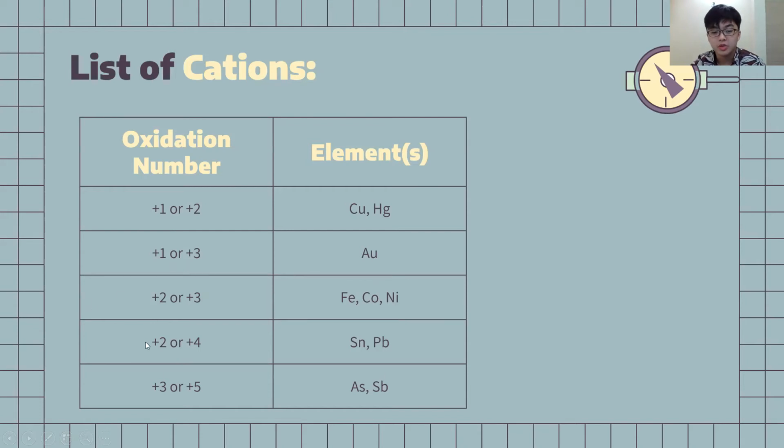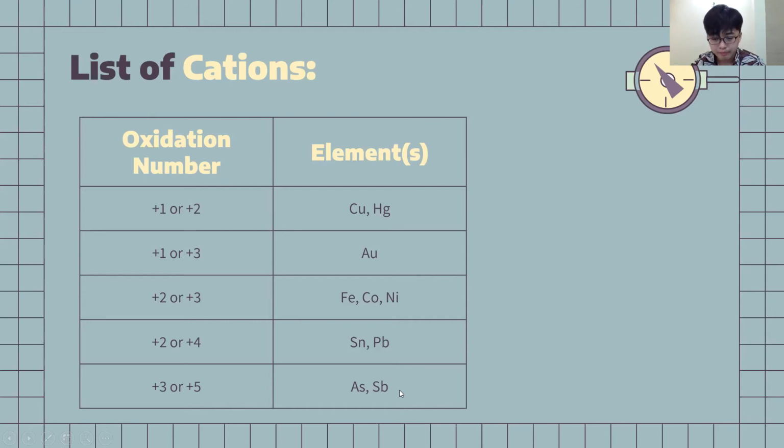Next we have plus 2 or plus 4. The elements are tin and lead, or Sn and Pb. Next we have plus 3 or plus 5, and the elements are arsenic and antimony, or As and Sb.